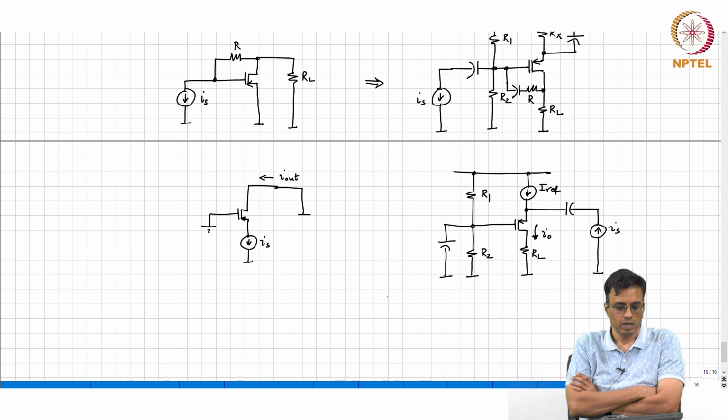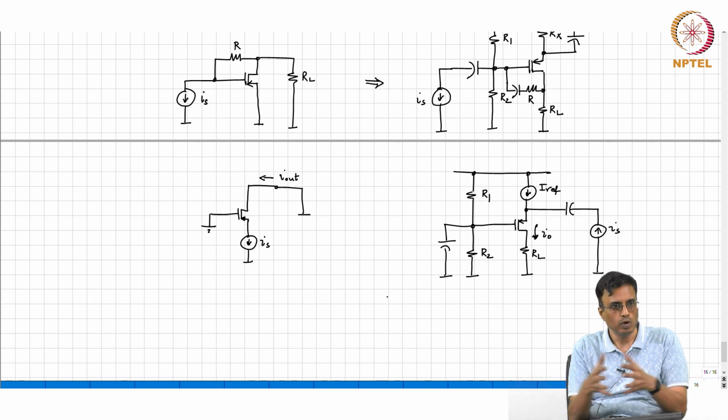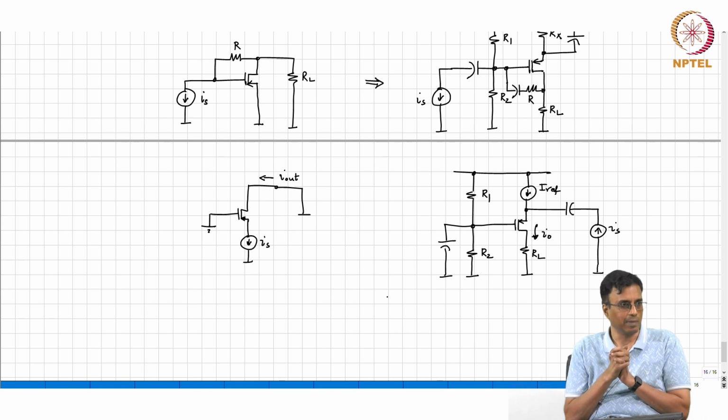So, now we should start exploiting the complementary nature of NMOS and PMOS transistors and start to see how we can put these two together to do things that were not possible with a single type of transistor, alright.